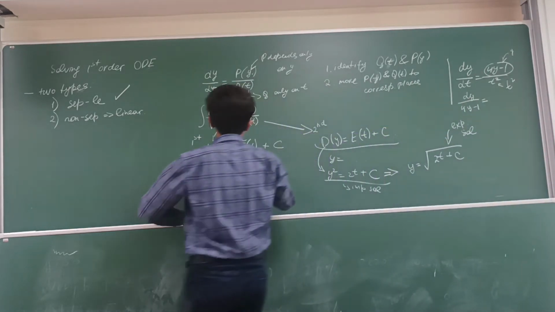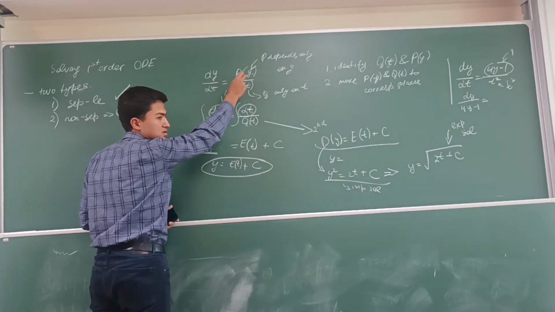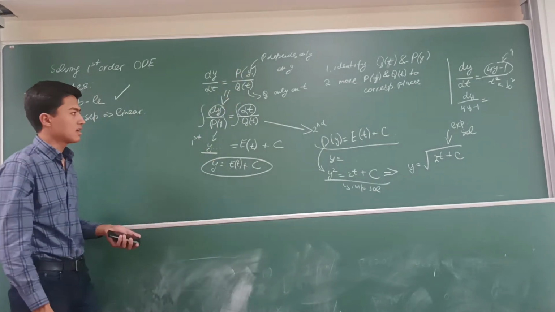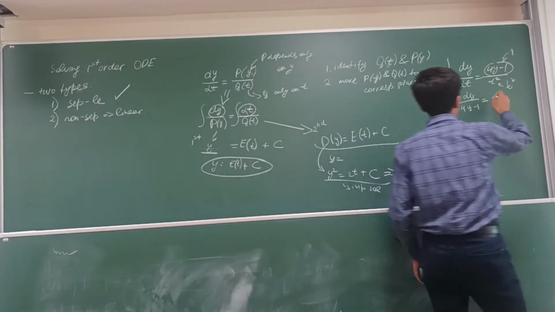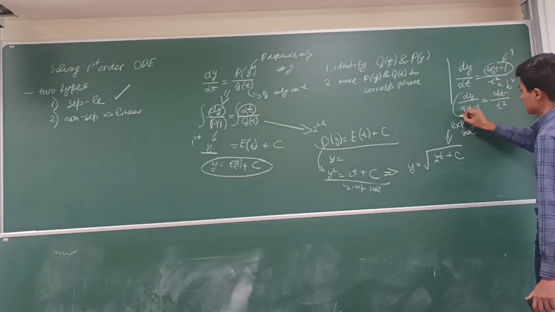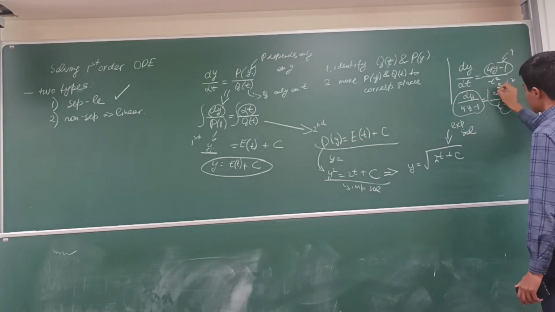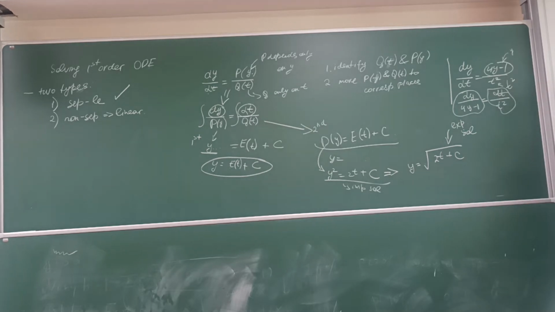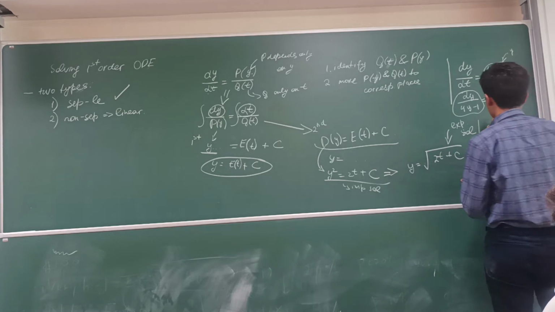I mean, the point is that you switch the positions of P(y) and dt, okay? It's pretty simple. And finally, you can take the integral of this and this, okay?